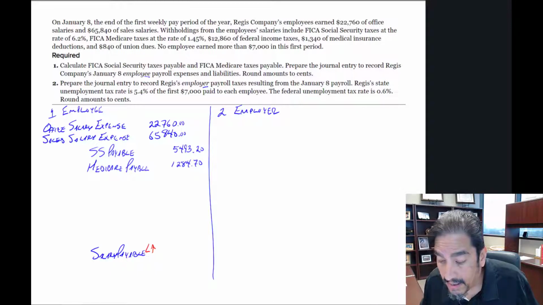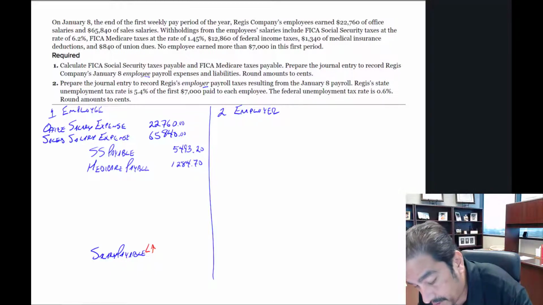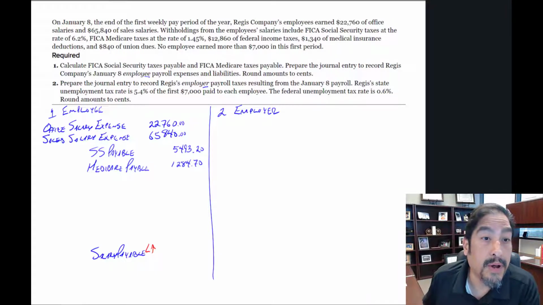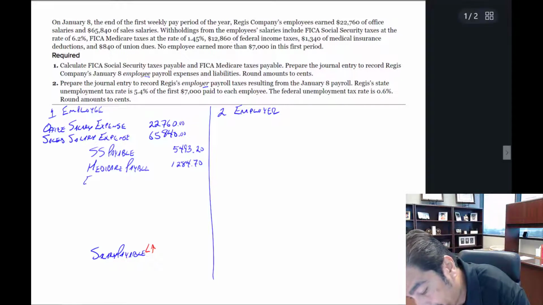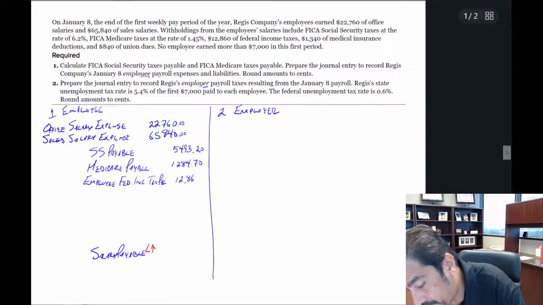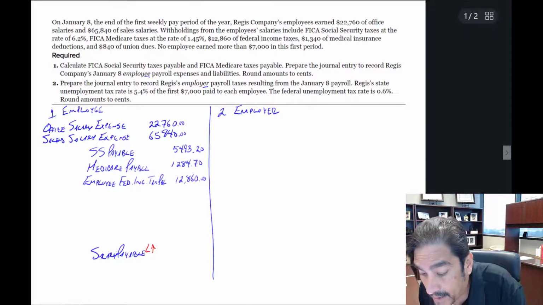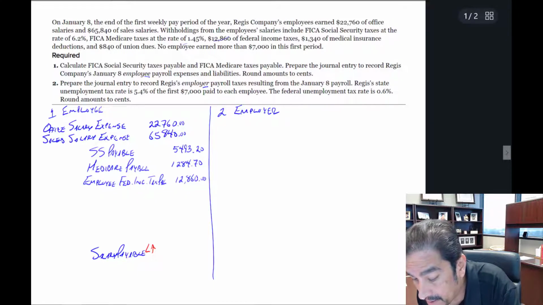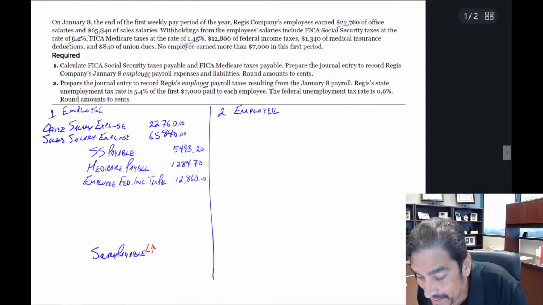So we've got federal income tax. We're going to just call this, what is it? The problem calls it employee federal income tax payable of $12,860. Let me make sure I'm not missing anything.